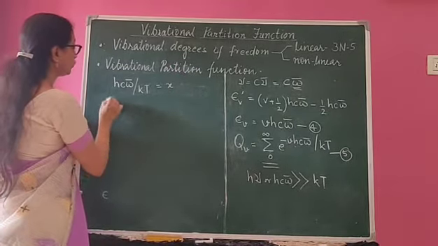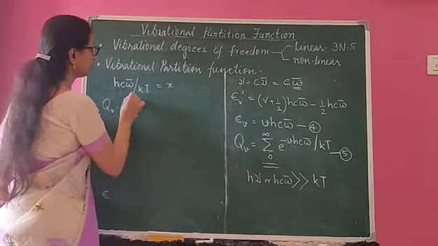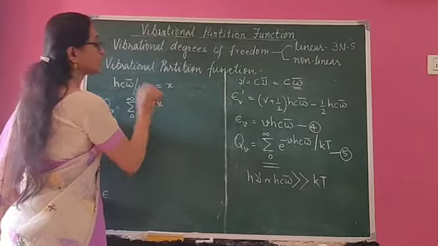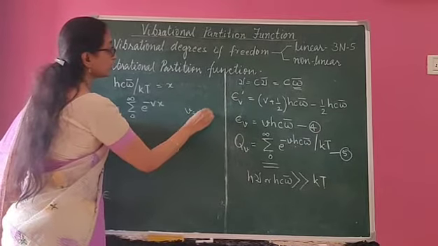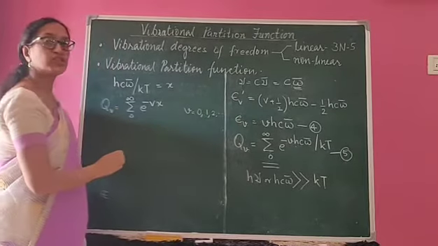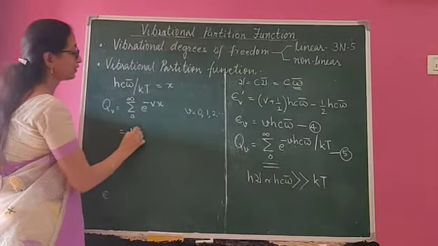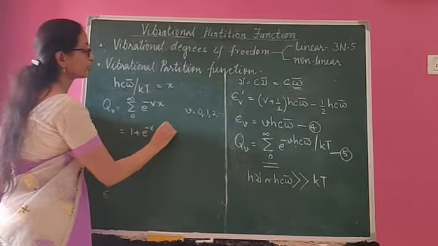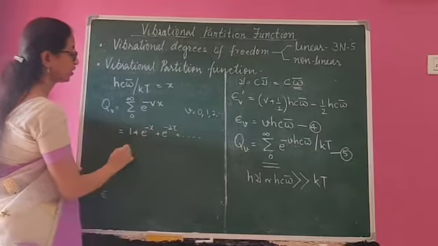So we have Q_V is equal to the summation from 0 to infinity of e to the power minus Vx. Substituting the vibrational quantum numbers 0, 1, 2, 3, etc., we get 1 plus e to the power minus x plus e to the power minus 2x and so on.